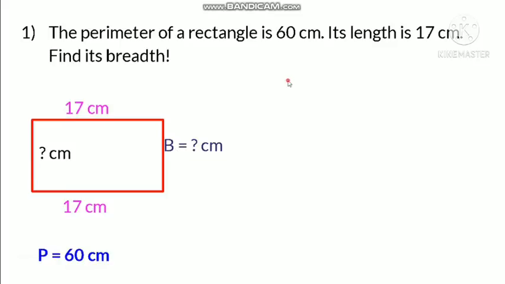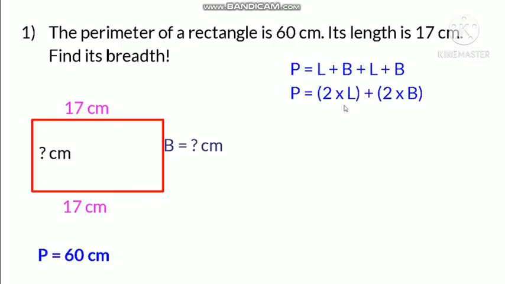Okay, now let's do the problem. Perimeter of the rectangle, remember the formula? 2 times length plus 2 times breadth. Because the length is 17, we put the number here. So the perimeter equals 2 times 17 plus 2 times breadth.